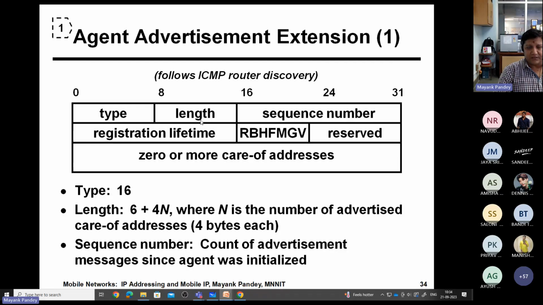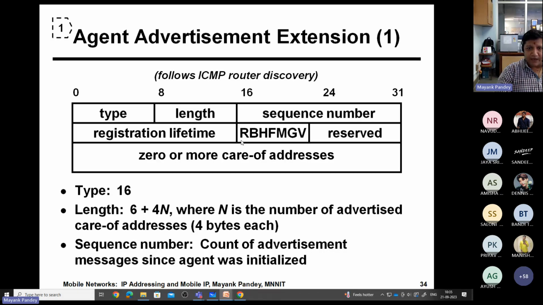This is the extension where type is 16, length is 6 as a fixed length, and the number of care of addresses which are going to be advertised. Sequence number is necessary for knowing how many times this has been done, the count of advertisement messages since the agent was initialized. What is the lifetime of this agent advertisement?